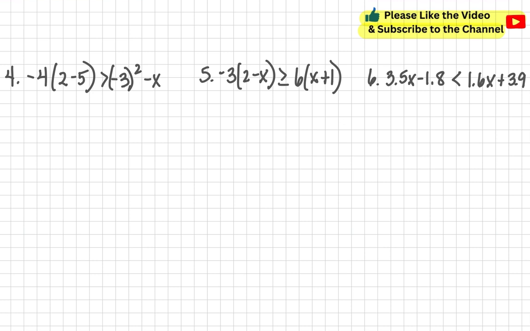Alrighty, the last 3 problems. Let's do some more. There's going to be a lot of simplification involved here because we have exponents, distribution. Let's get to going. So that's going to be negative 8 plus 20 is greater than 9 minus x. Oh, one moment.